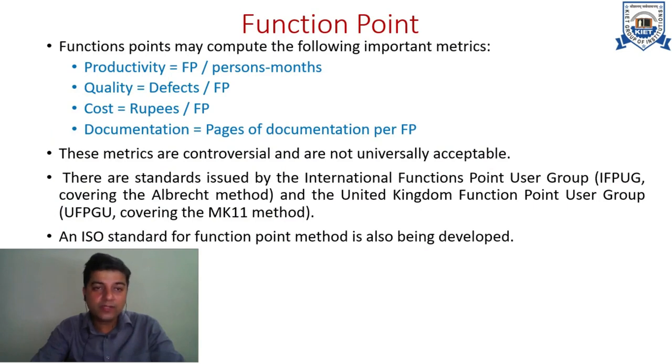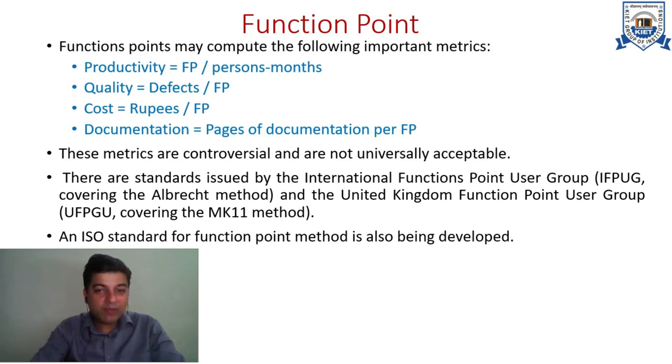The function points can be used for the calculation of the productivity, the quality, the cost, documentation required, and many more such factors in order to estimate things well in advance based on the requirements which have been cited for a product.